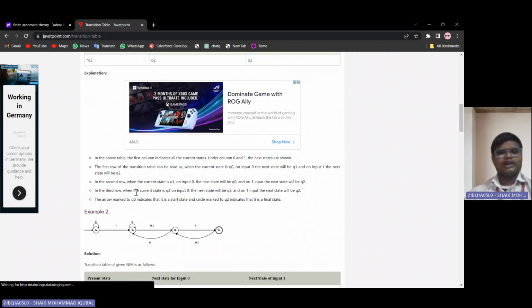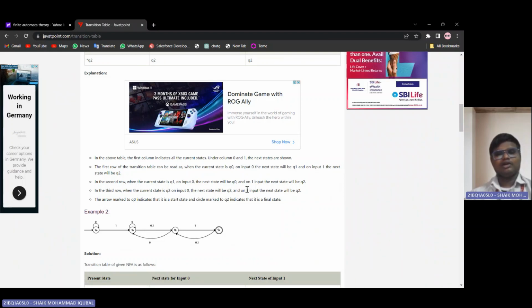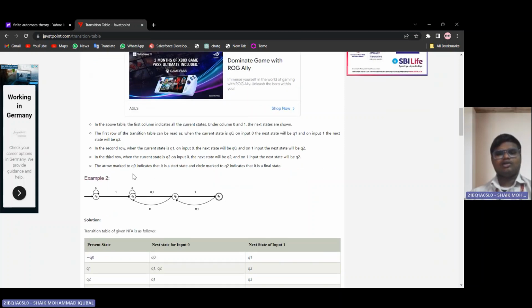The third row, when the current state is Q2, on input 0, the next state will be Q2, and on input 1, the next state will be Q2. The arrow marked to Q0 indicates that it is a start state, and a circle marked to Q2 indicates that it is a final state.